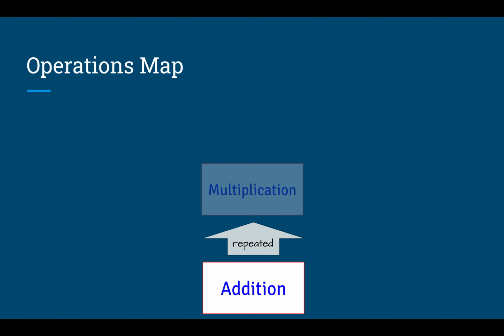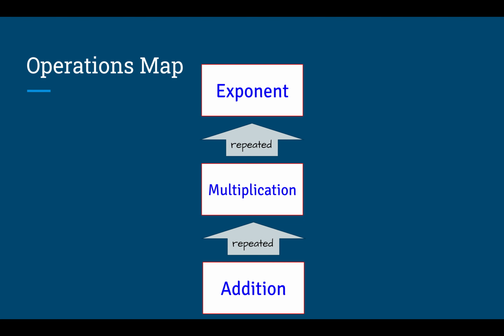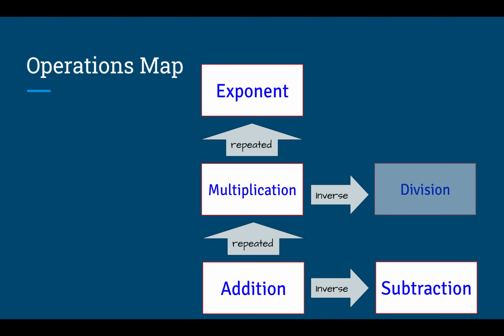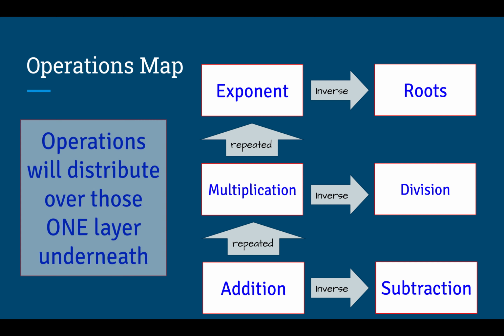So let's quickly map out how the different operations relate to each other. We've got addition, and if we repeat that again and again, we get multiplication. We repeat that, we get exponents. Each of those has an opposite: addition has subtraction, multiplication has an opposite of division, and exponents have roots as their opposite.